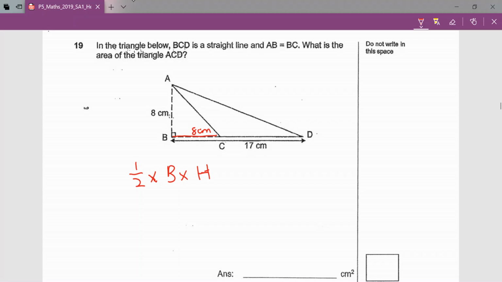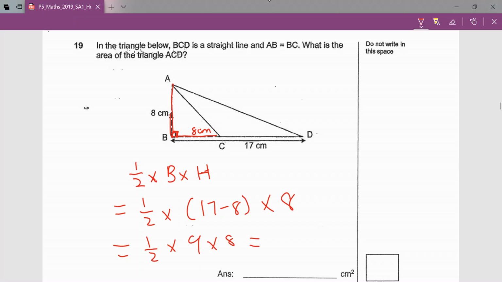So it's going to be equal to half times the base, which is 17 minus 8, times the height, which is the perpendicular height, where your right angle is here, so it's 8. 17 minus 8 is 9, so it's half times 9 times 8, which is basically 36 cm squared.